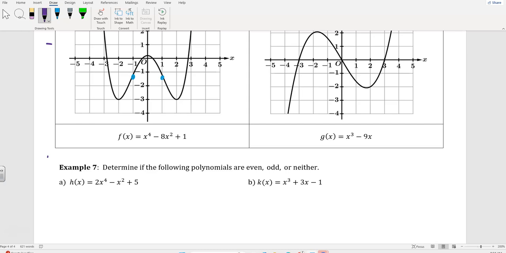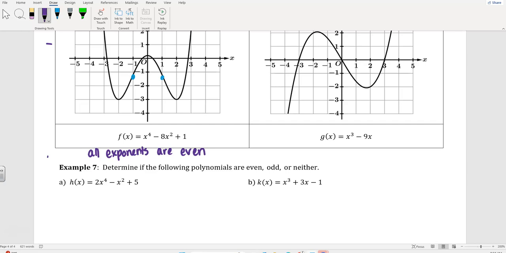So it can be other types of functions, but for polynomials, all exponents are even in a polynomial function if the function is an even function.